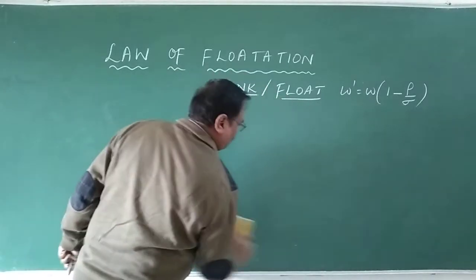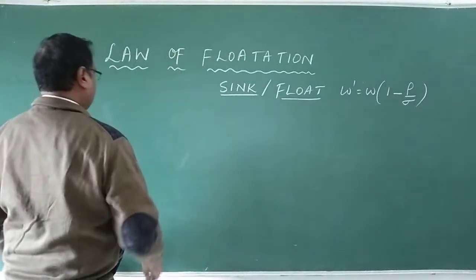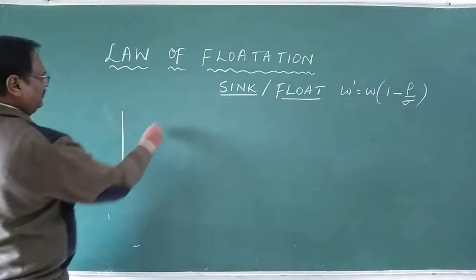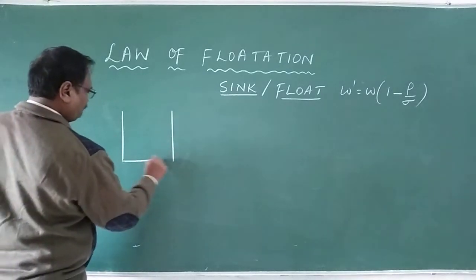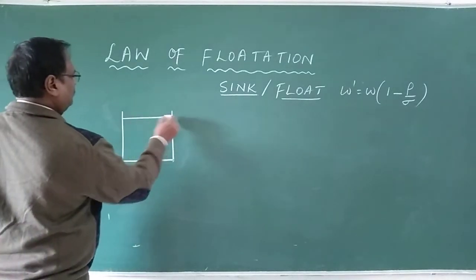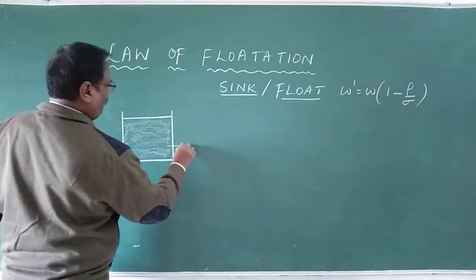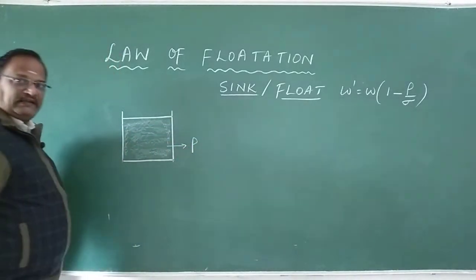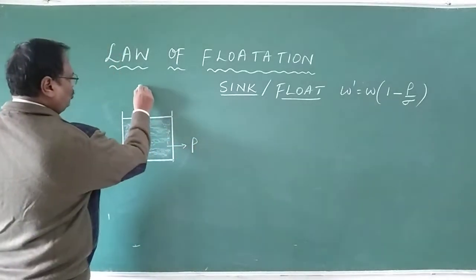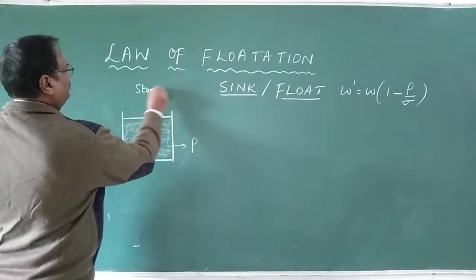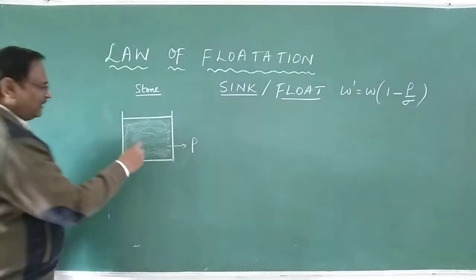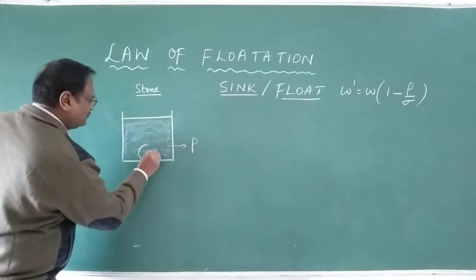The next discussion is this: I am taking a beaker and filling it with water. You know the density of water, I am taking it as rho. I am taking a stone. The stone is heavier, and you know very well it will sink.